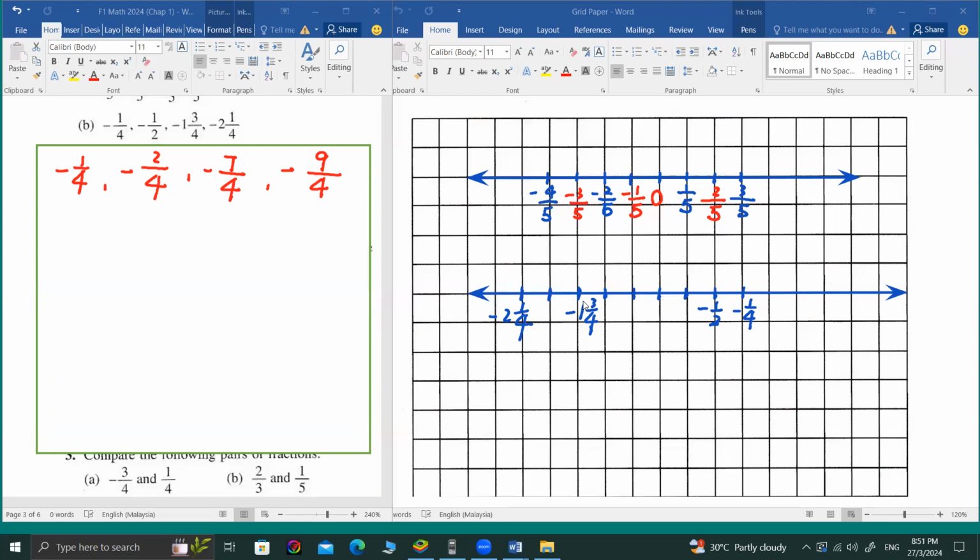Okay, have a try and see. Oh, you take the diagram and draw first.